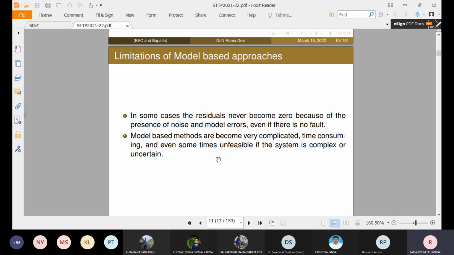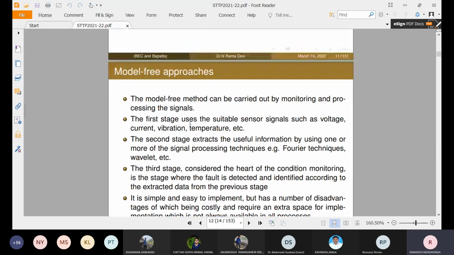Developing model-based methods is very complicated and time consuming. Sometimes it is even unfeasible if the system is more complex. So because of that, nowadays most approaches make use of model-free approaches. This model-free approach works by monitoring the processing system.